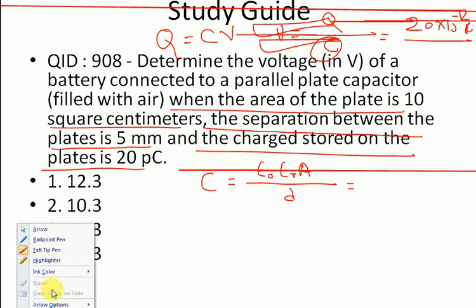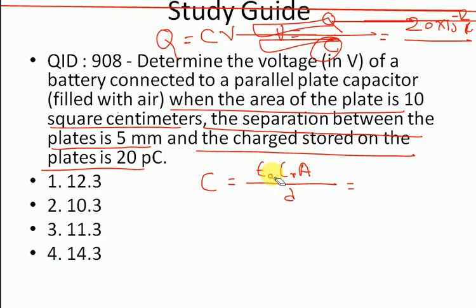As it is an air capacitor, epsilon R is 1. If epsilon R is 1, the formula will become epsilon naught into A by D.